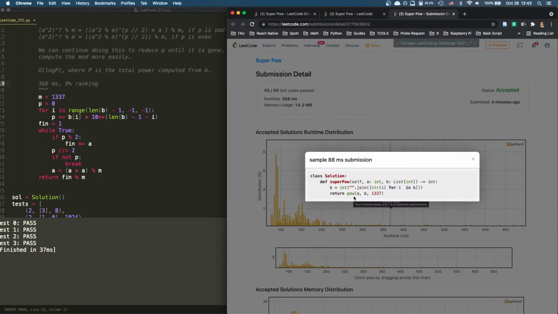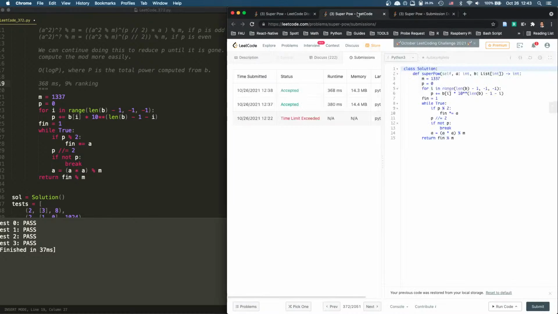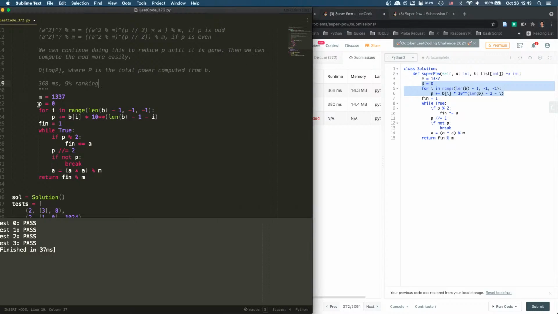Power a. Wait, what? Wait, what is this? Yeah, this is probably easier to do than the one I wrote. Maybe that can speed it up too. Let's do it here.